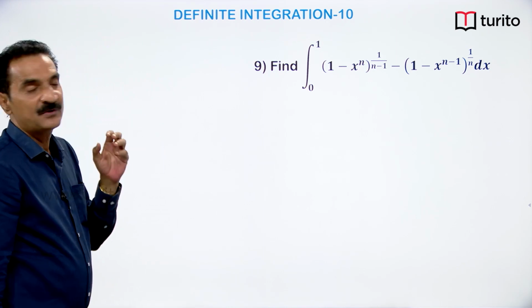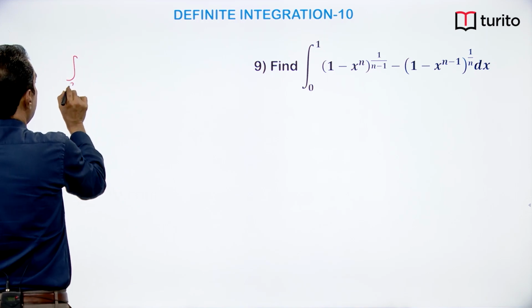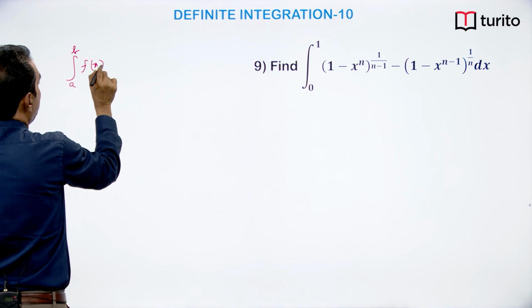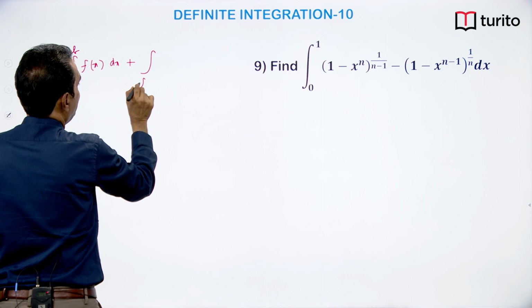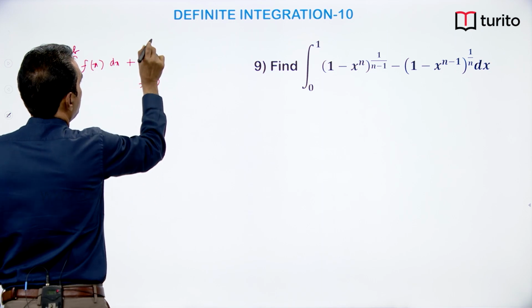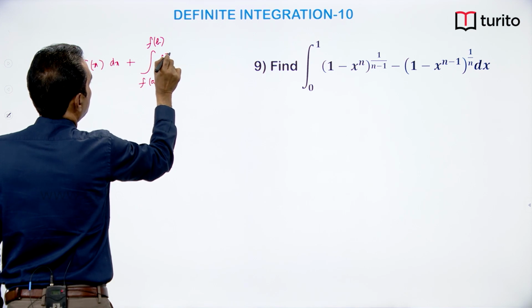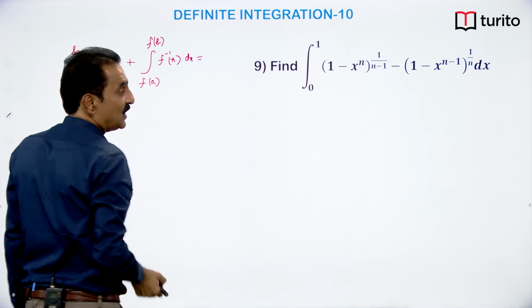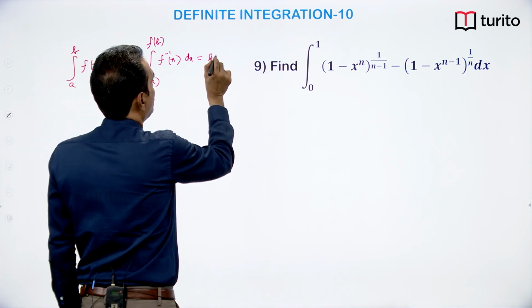In the beginning, we have discussed one formula: integral a to b f of x dx plus integral f of a to f of b f inverse x dx is what? b f of b minus a f of a.